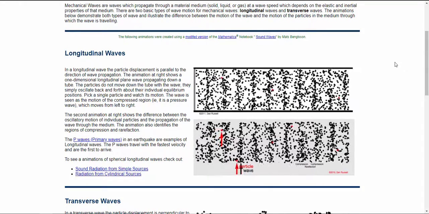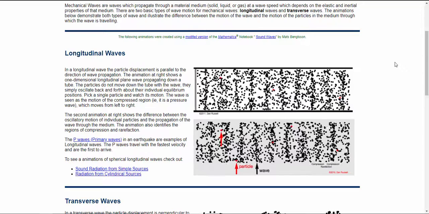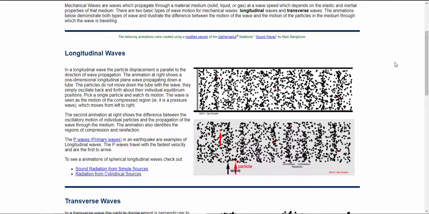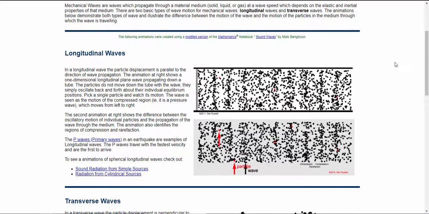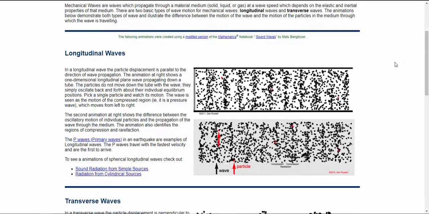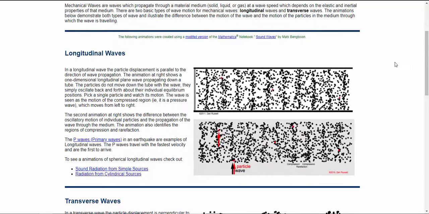So that's number one. But number two, it's happening rather quickly. When I speak, no matter where I am in this room, it reaches all of your ears at about the same time. The speed of the wave, as we'll see in a second, depends on the media.